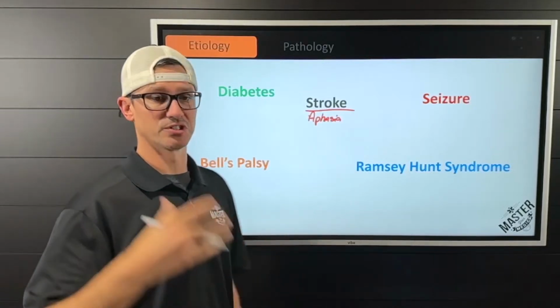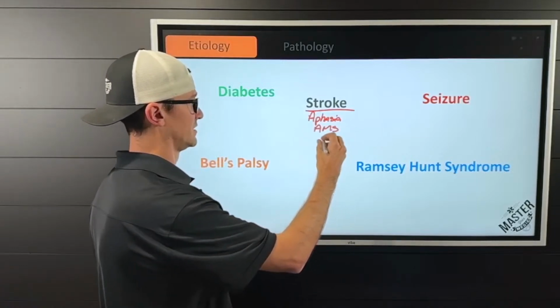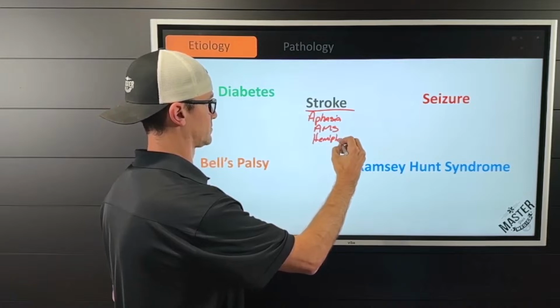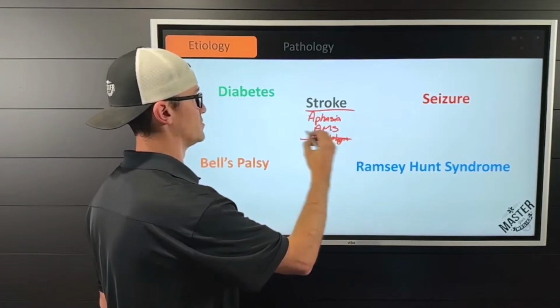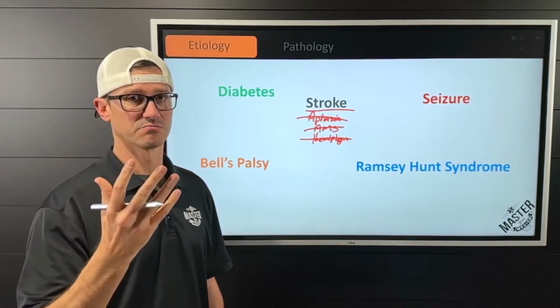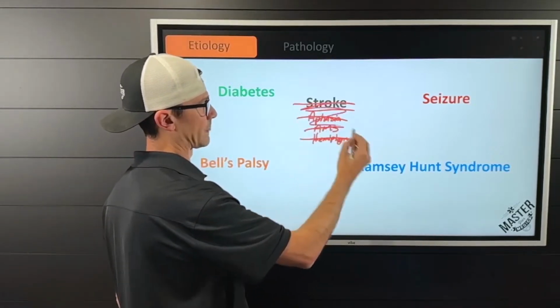It's pretty much just focalized there. So there's no altered mental status, no hemiplegia. None of those things are there. All it is is just the face. So we can kind of start ruling this out.